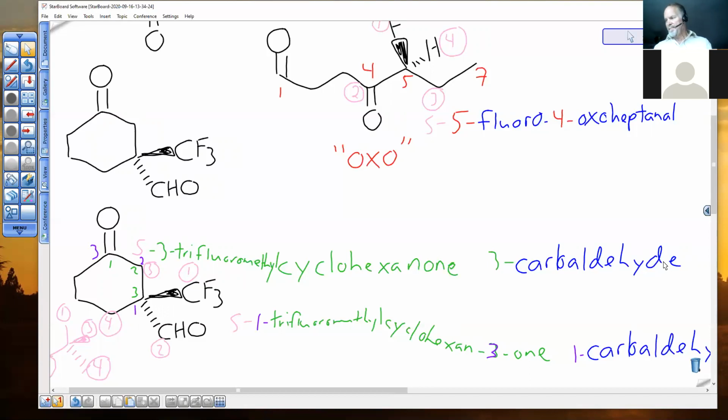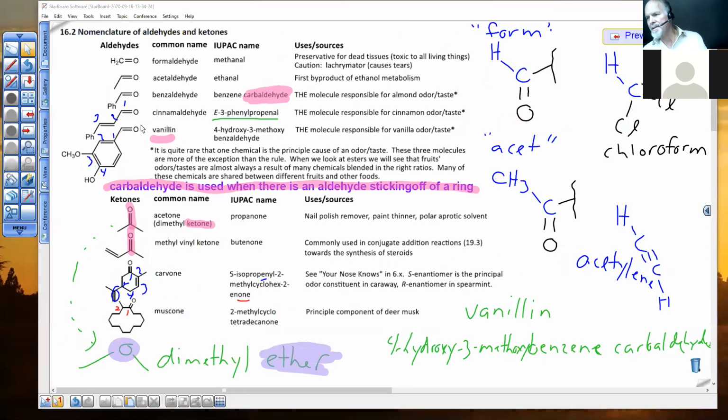So if we use the word benzaldehyde, is it going to be the same thing? No, benzaldehyde is like a molecule, and then you're putting groups on it. When you said the word benzaldehyde, you automatically started with this nucleus here with the aldehyde attached to benzene, and you made this carbon 1 by saying the word benzaldehyde. Aldehyde is a common name.